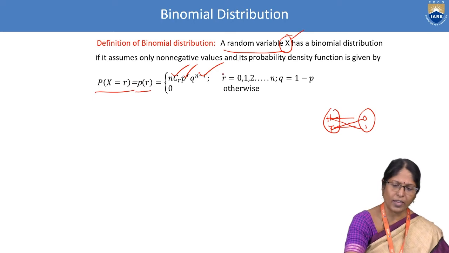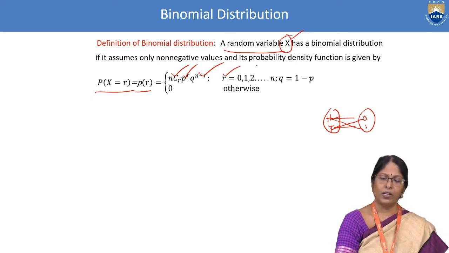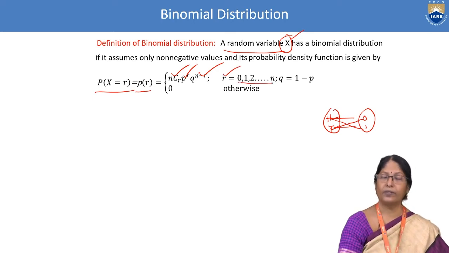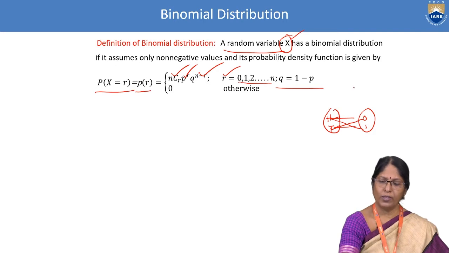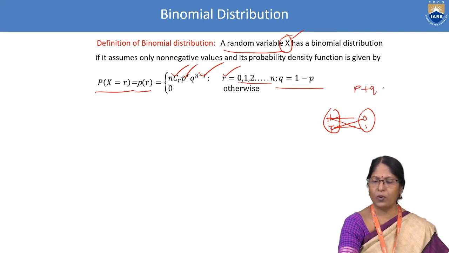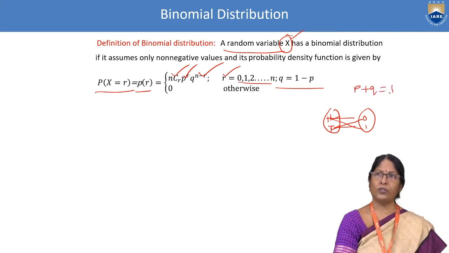Here r takes the values from 0 to n. q is nothing but 1 minus p, because p plus q equals 1. The total probability is always 1.